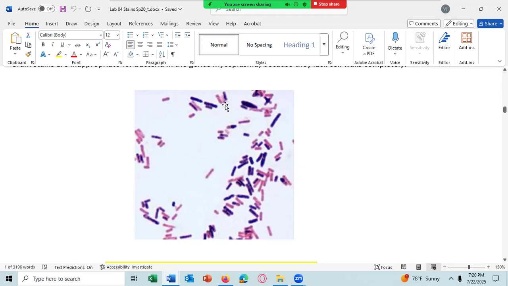Anyone see a difference between that cell and these two? Or between this cell and these two? Nobody notices a difference? The color? Well, yeah, the color. What beside that? How they're stuck together and how. Yeah, the shapes, I guess. There is a little difference in the shape.